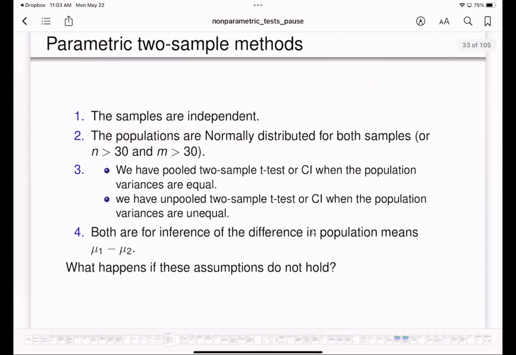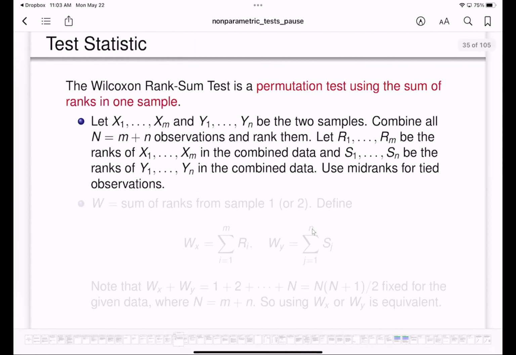What we want to do is combine the samples together and rank them. So here we have a total of m plus n observations, and when we rank them, we have a rank for each observation.